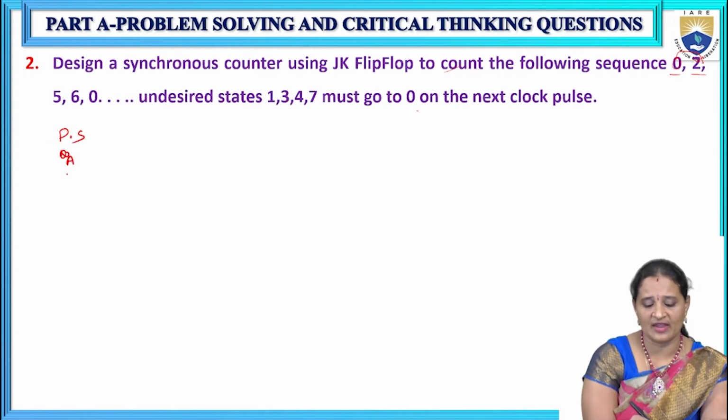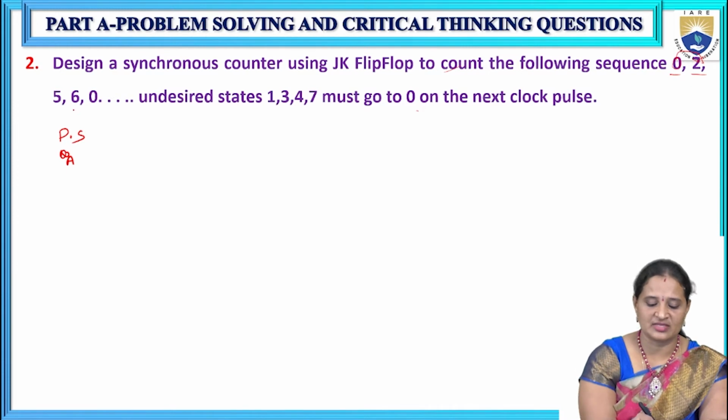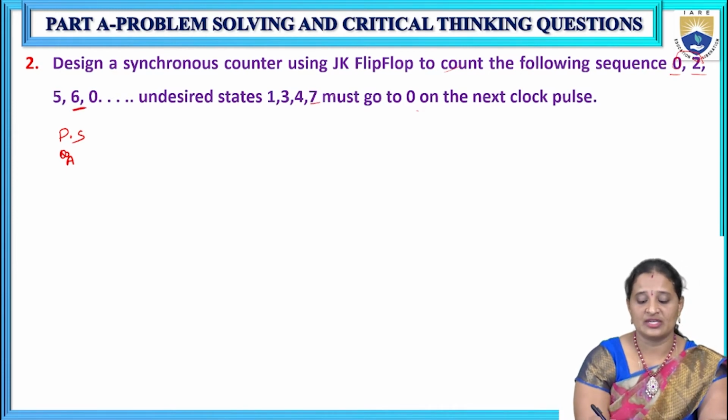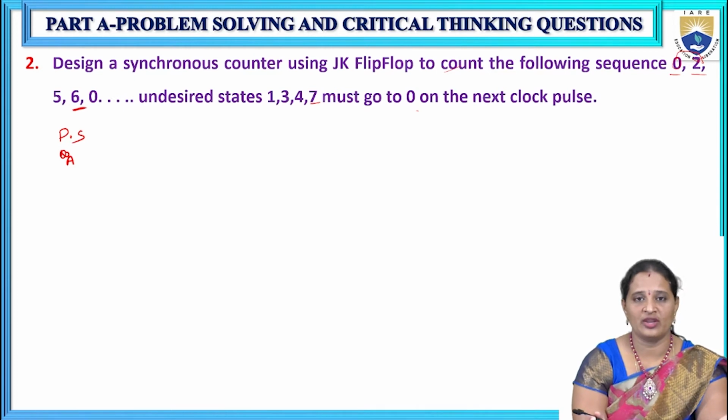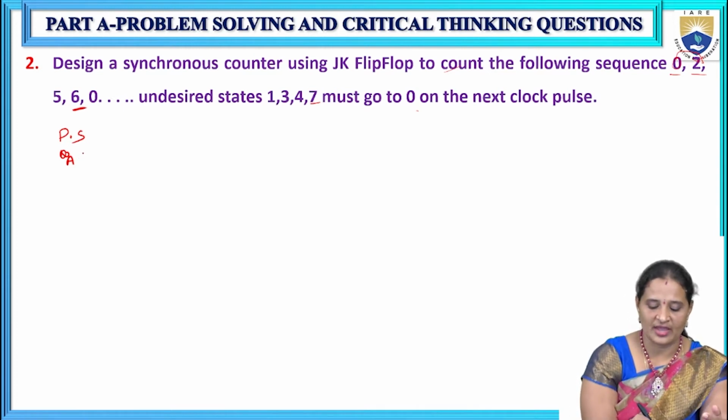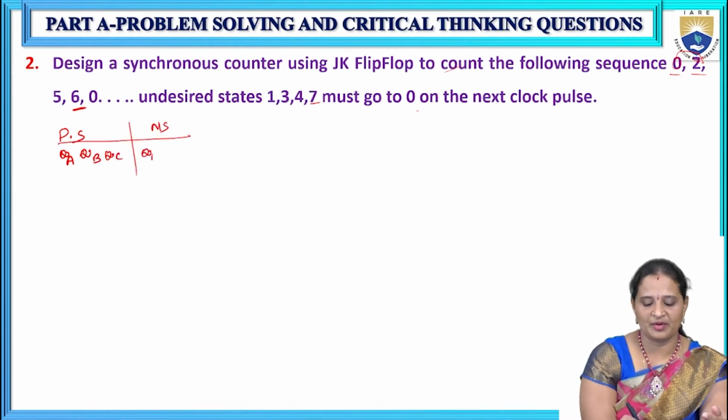What is the maximum state we have? 6. So in order to count up to 7, how many flip-flops are required? 3. So I take them as QA, QB, QC. This is the present state, and the next state I represent as QA plus, QB plus and QC plus.